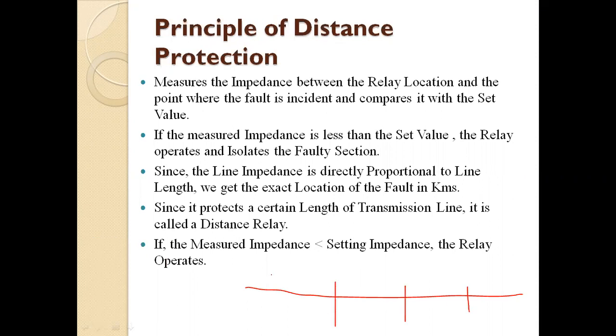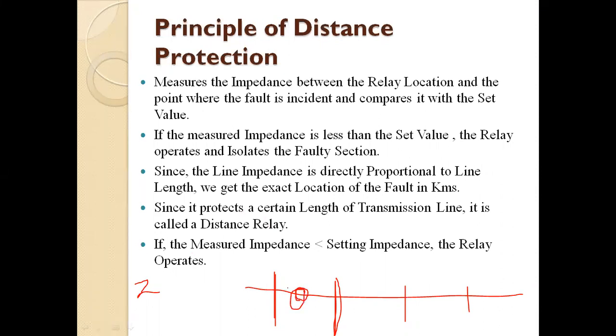In this distance protection we are measuring the impedance, that is Z, and we are considering where your relay is located, where the fault has happened, and which relay should operate first. Suppose this is your zone of protection, one section, and one relay is placed here.